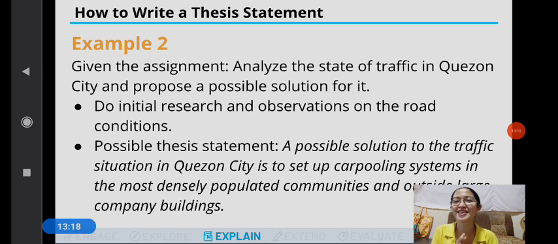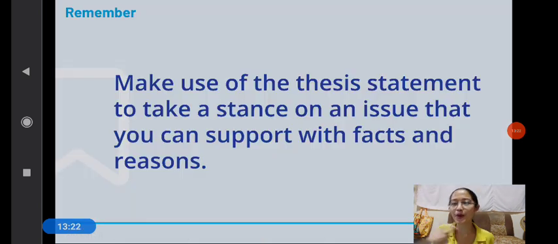Yes, okay, very good. Now remember, make use of the thesis statement to take a stance on an issue that you can support with facts and reasons. Okay? When you take a stance, you believe what you say. Okay?